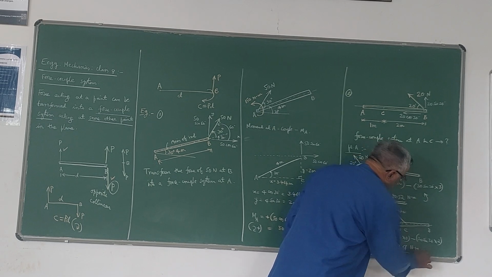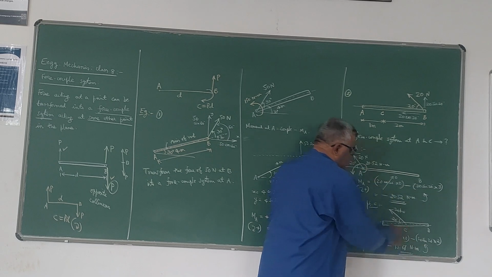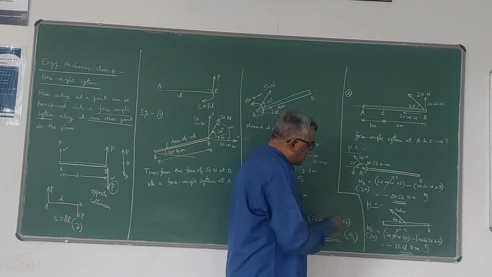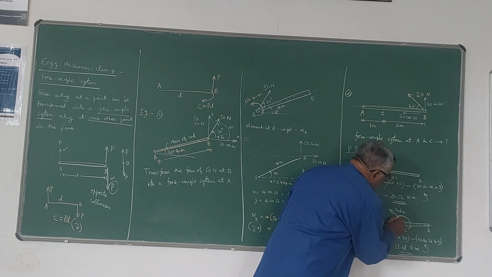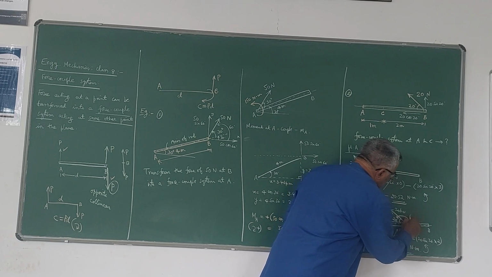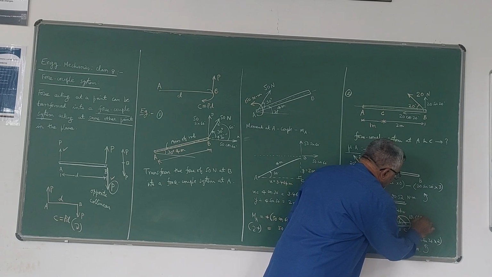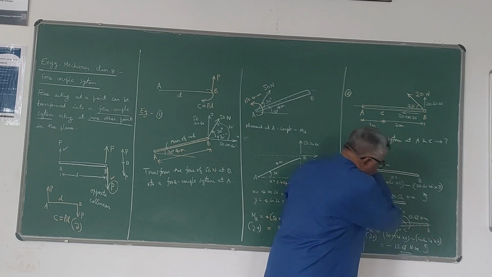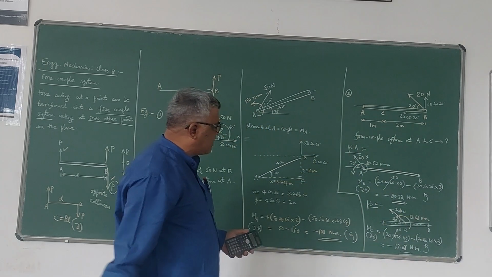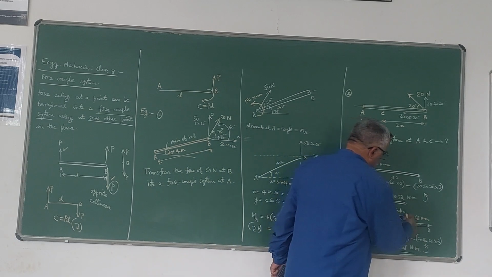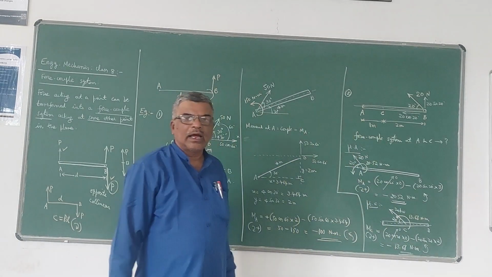Once again this is negative, anti-clockwise. So you have to represent an anti-clockwise couple here acting at C, whose magnitude is 13.68 Newton meter. You need not write the negative sign there, because minus indicates that the sense is anti-clockwise.